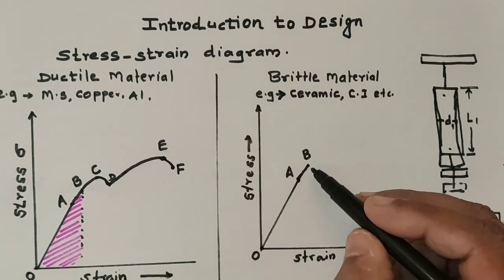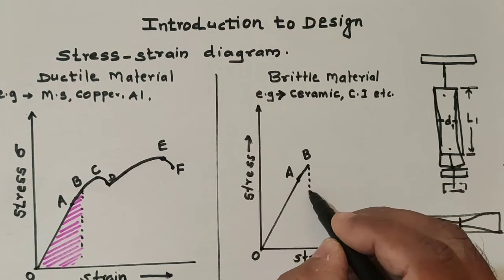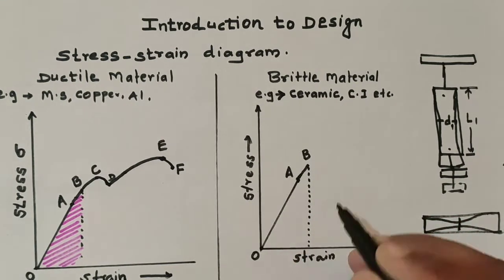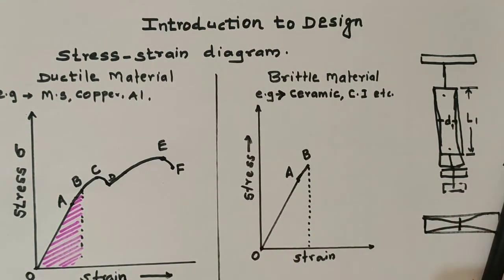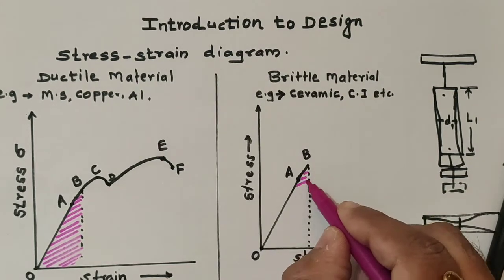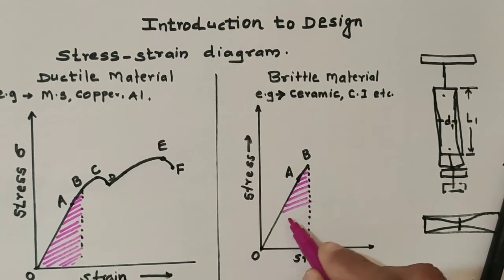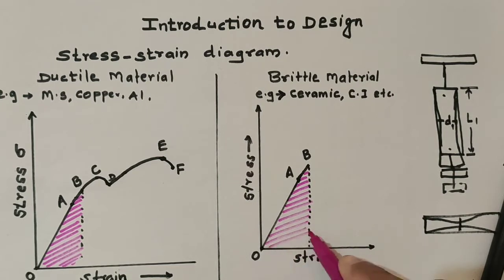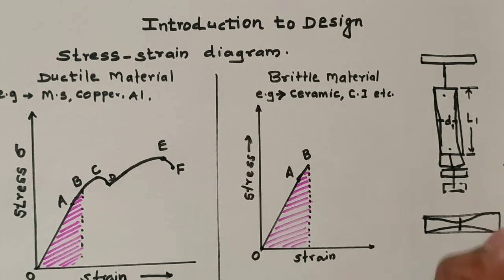So here also the elastic region is up to the point B. This pink colored part is the elastic region, and beyond this elastic region we observe the plastic region.